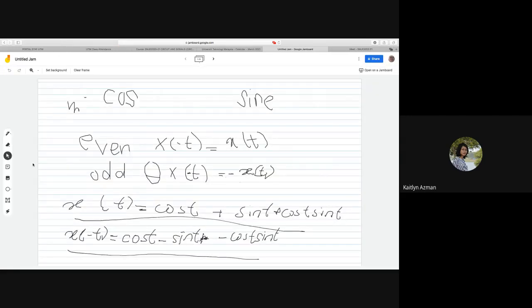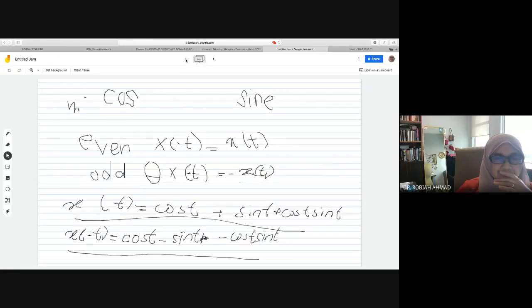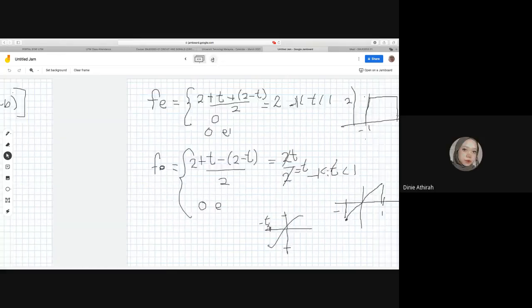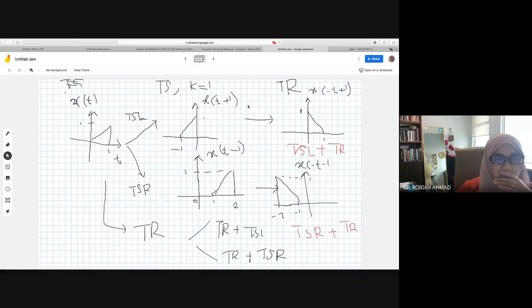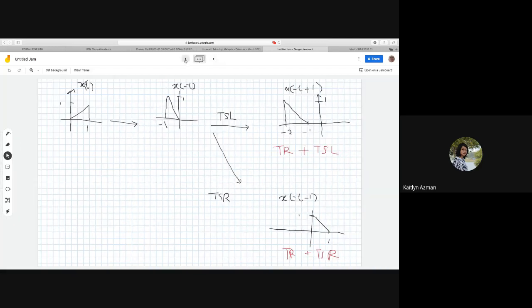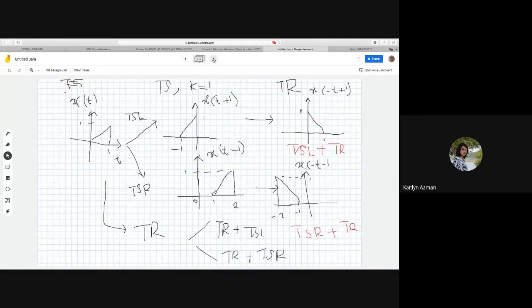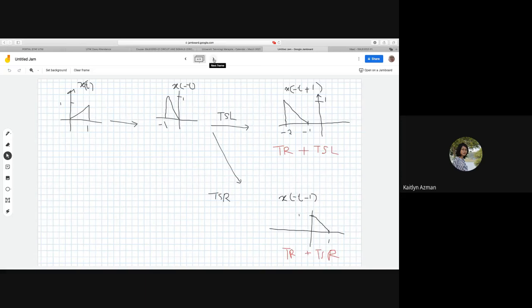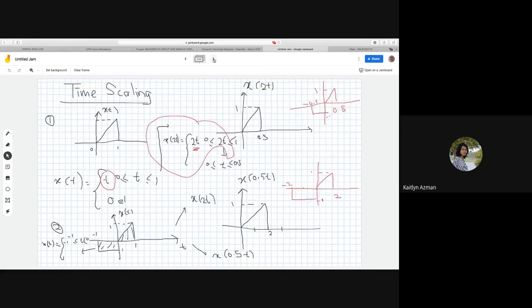Nampak kelas? Jamboard ni? Nampak. Yang saya summarize tu, this one. Remember last time I summarize time shift, time reversal, and then kita juga ada kita reverse dulu and then kita shift. This one is shift plus reversal. This one reversal plus shift. And then we also discuss about scaling. But exercise yang saya bagi combination of all.